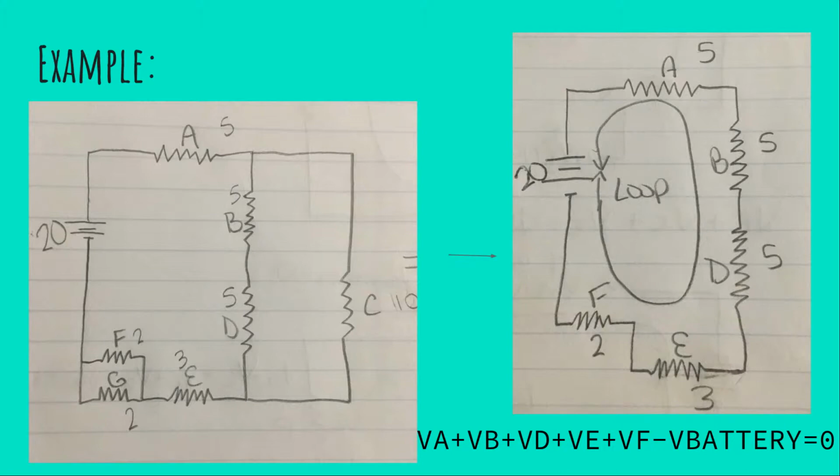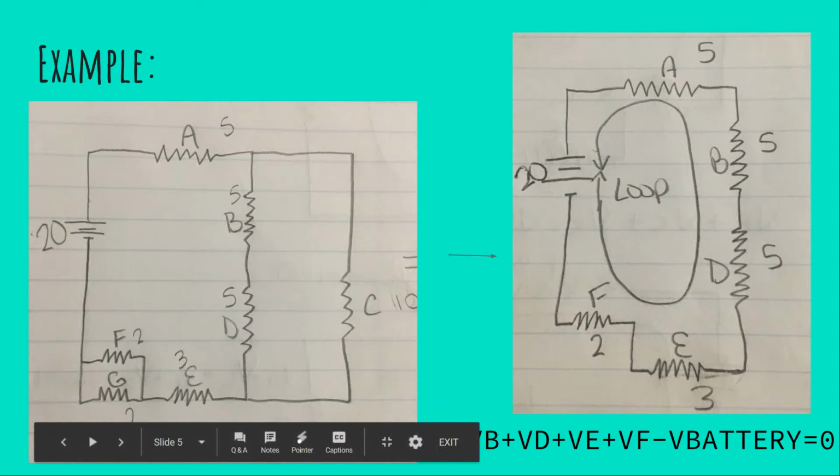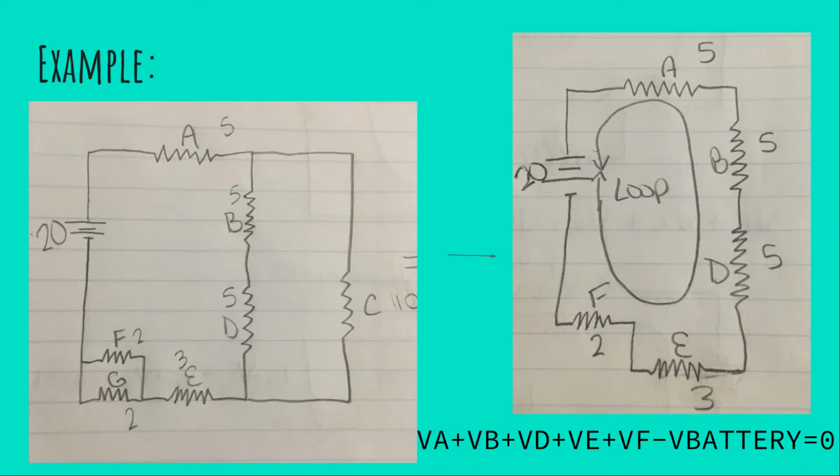I did that because each of the resistors, they might not share an equal amount, but after going through resistor A, it then goes and travels to B, D, E, and F, which then obviously has to equal 20 in the end. So when you add them up, they will equal 20, any loop that you create in this example.